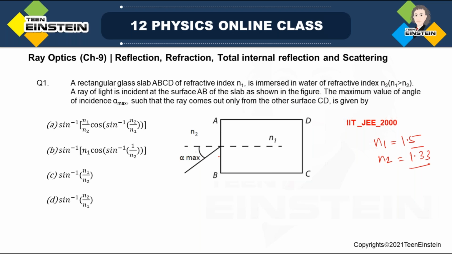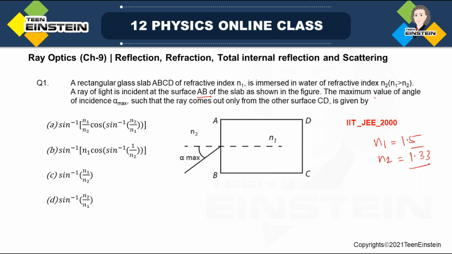That means if a ray goes from the glass to water, it will go from denser medium to rarer medium. So a ray of light is incident at the surface AB of the slab, as shown in the figure.